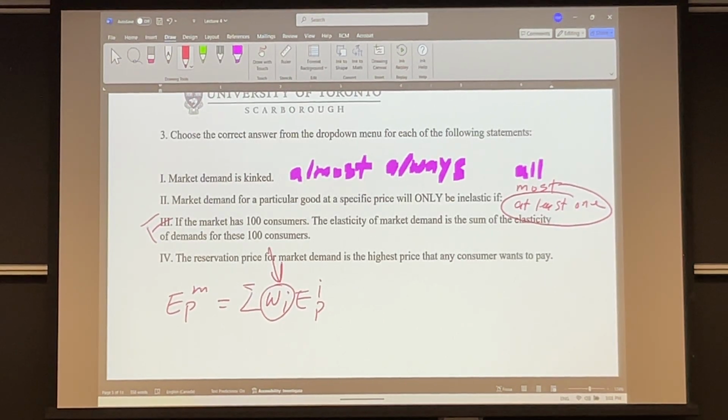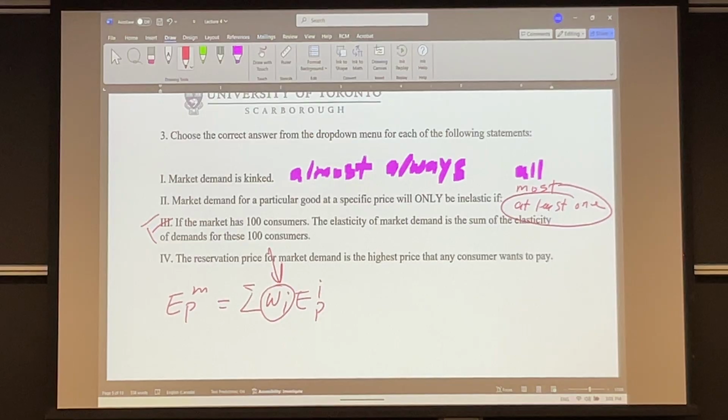The reservation price for the market is the highest price that any consumer wants to pay for the good. True or false? False? If someone told you the market reservation price for Tim Horton's is 50, what does that mean?